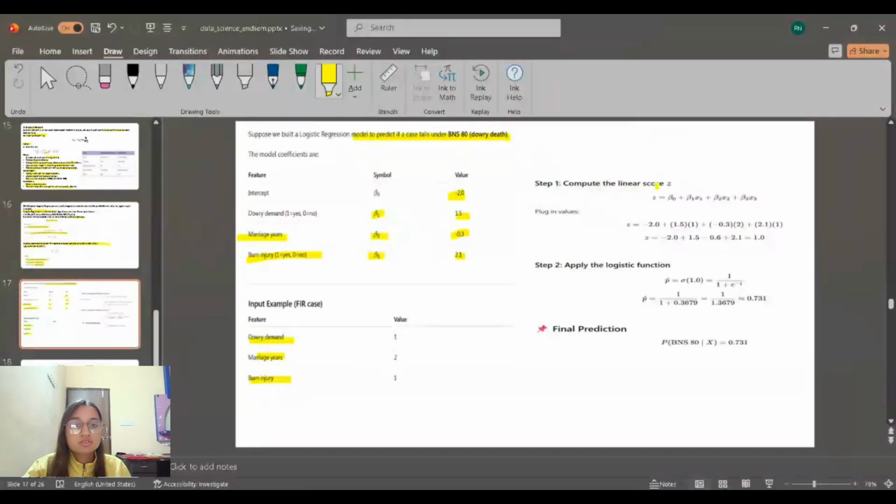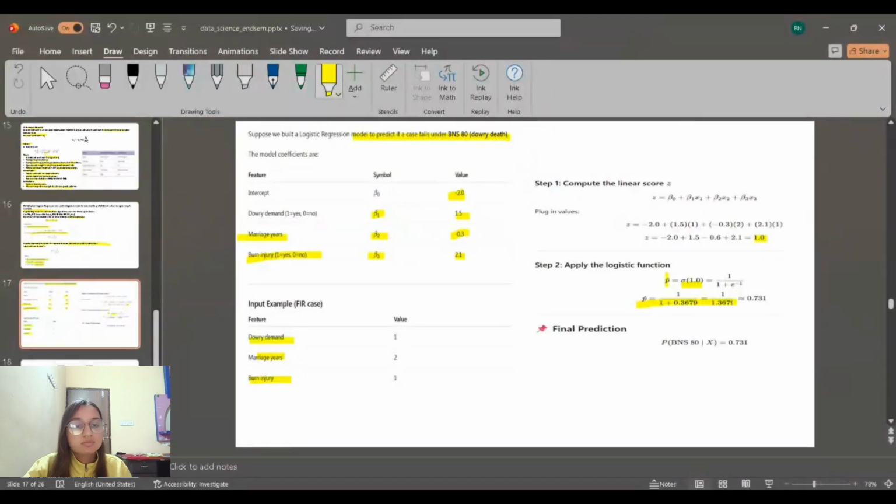Step 1, compute the linear score z = β0 + β1x1 + β2x2 + β3x3. Plugging in the values, we get z equal to 1. Step 2, apply the logistic function: p̂ = σ(1.0) = 1 / (1 + e^(-1)).